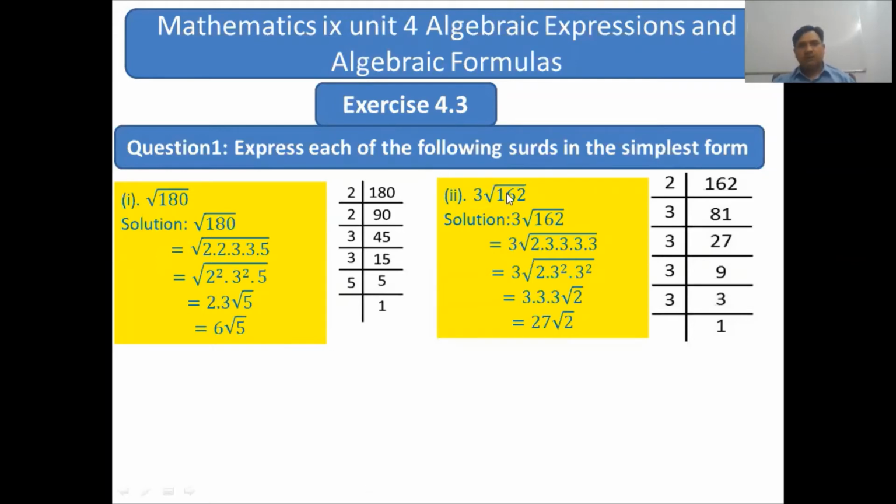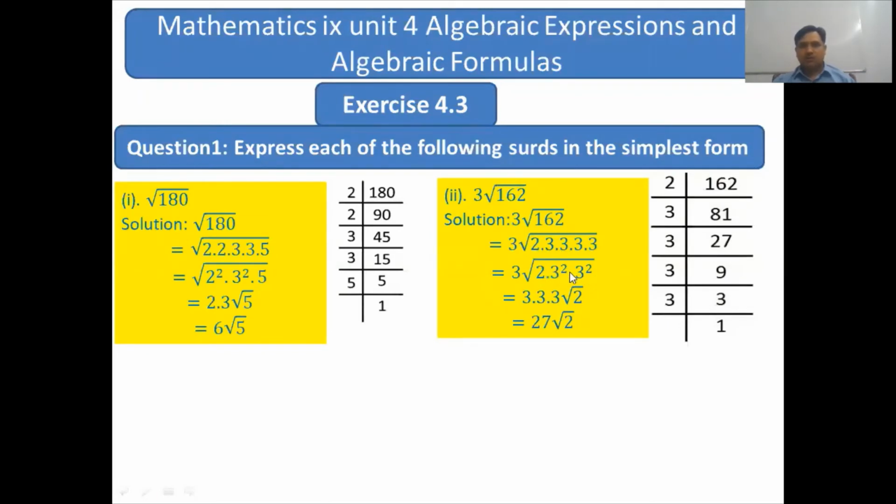3 square root of 162. So 162 can be factorized here. So the prime factors are 2, 3, 3, 3, 3. So we can pair these. 2, 3 square, 3 square. So this dot is for the multiplication.